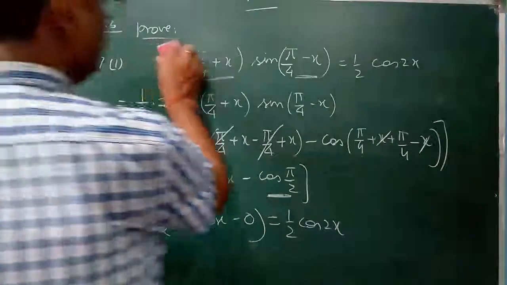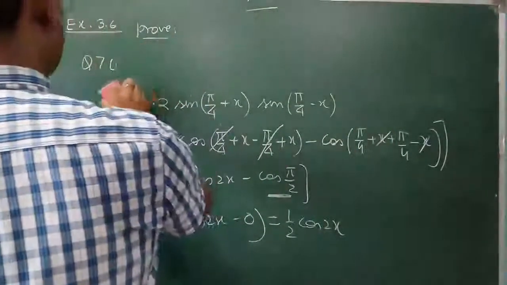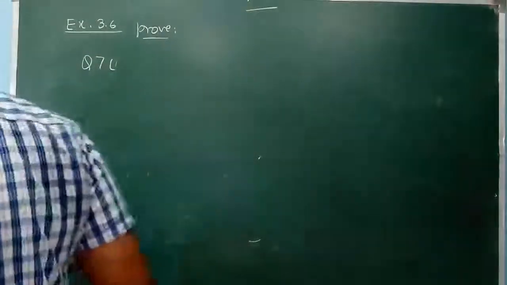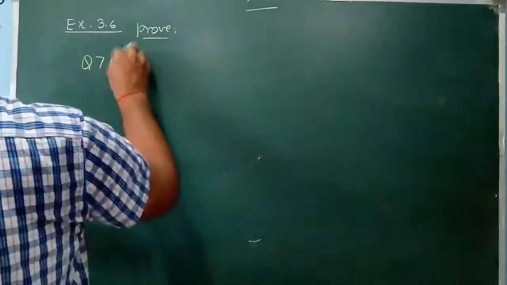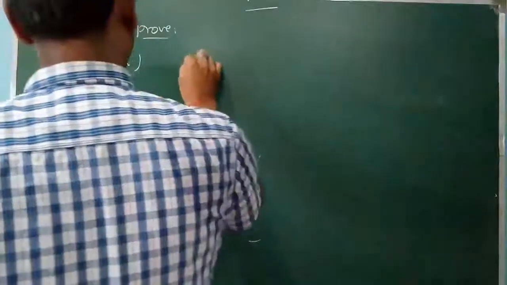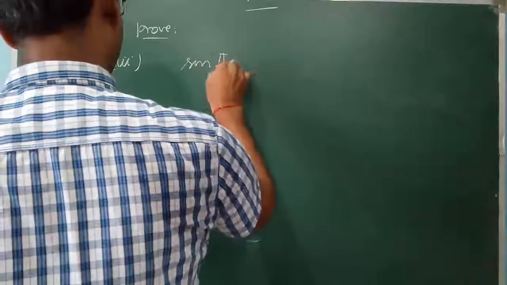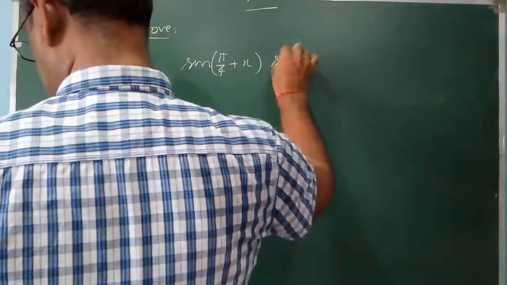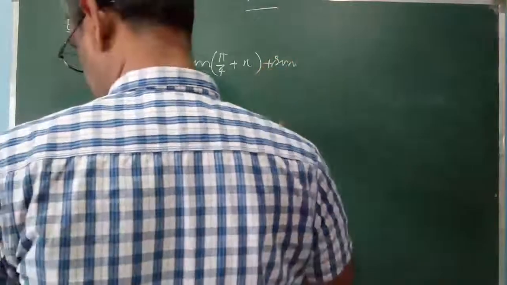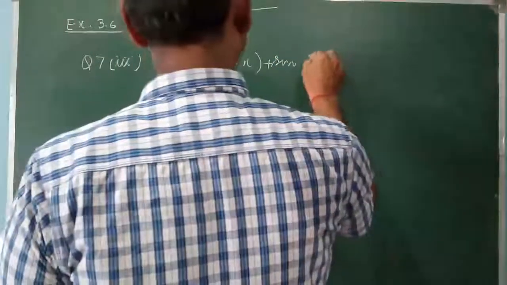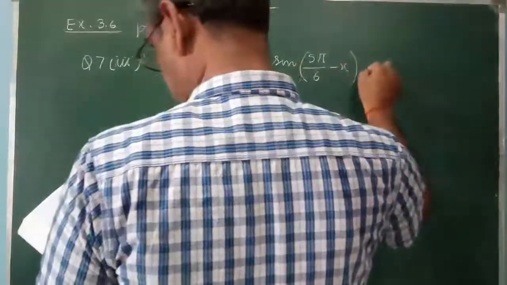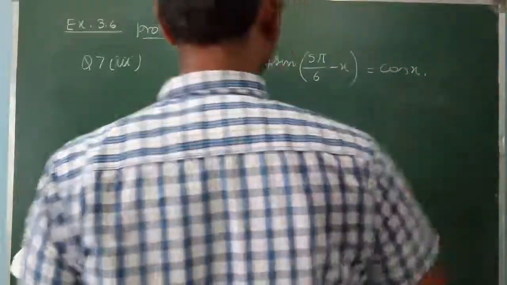Now same we can use for the third part. Sin(pi by 4 plus x) plus sin(5 pi by 6 minus x) is equal to cos x. This we have to prove.